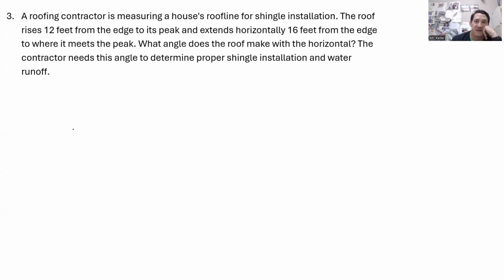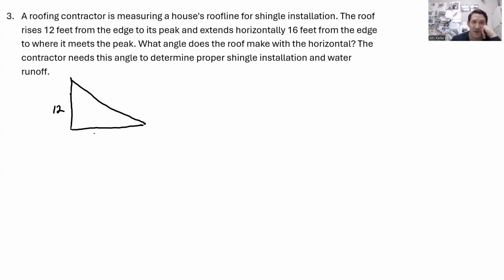So it says the roof rises 12 feet from its edge to its peak. So this is the edge and it rises 12 feet. All right, so that's 12. And it's going to come down here. It extends horizontally from the edge to where it meets the peak.